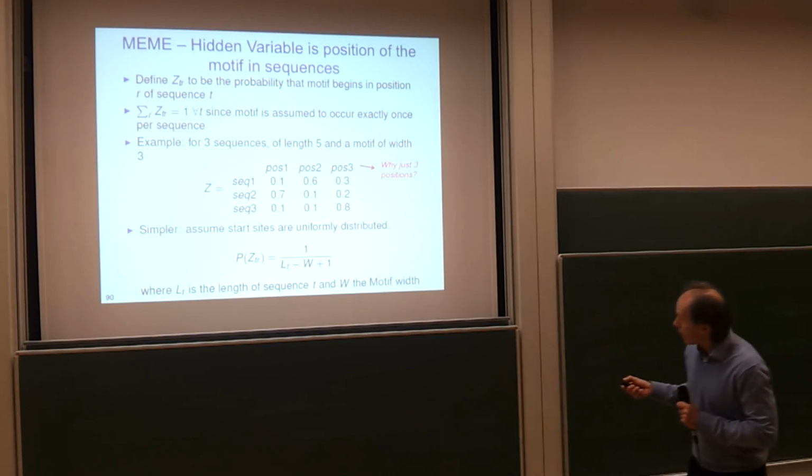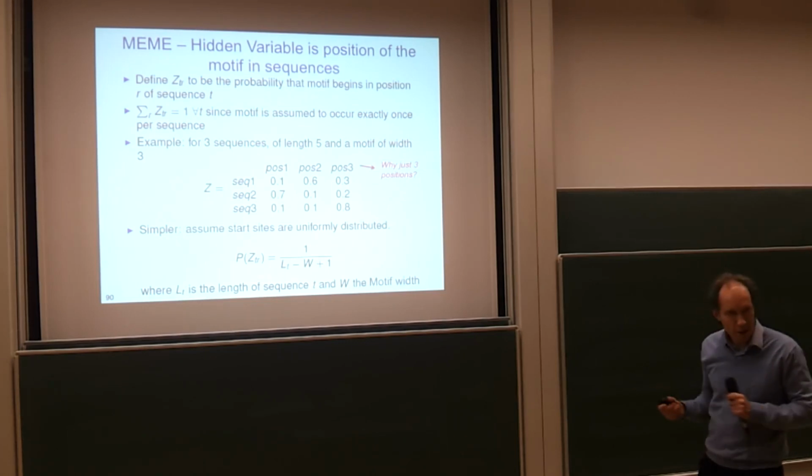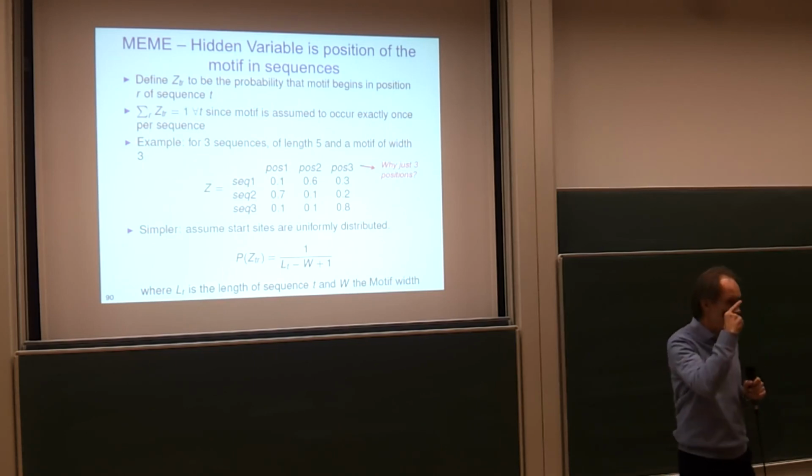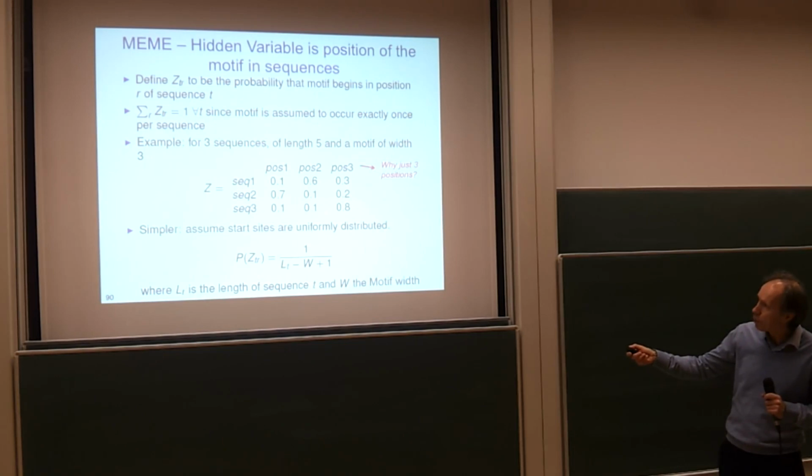So these are the probabilities that a given motif, given profile will start at such a position. What you see is that, because we said there should be 1 motif in the sequence, the probabilities here add up to 1 for each of the sequences. Now, what is this formula telling you?